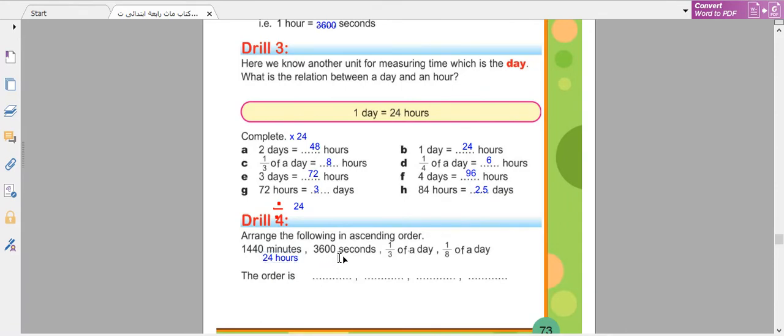This one, 3,600 seconds. We want to change them to hours. So we will divide it also by 3,600, because 1 hour equal 3,600 seconds. So it will be 1 hour.